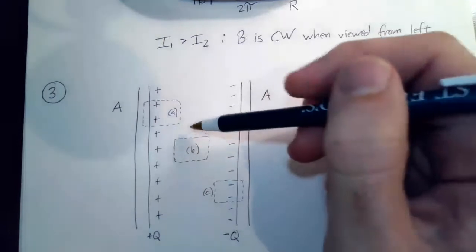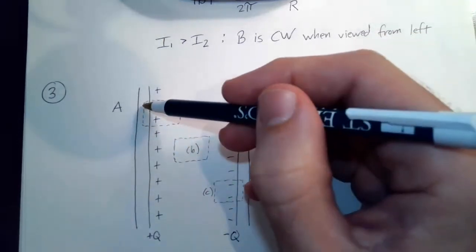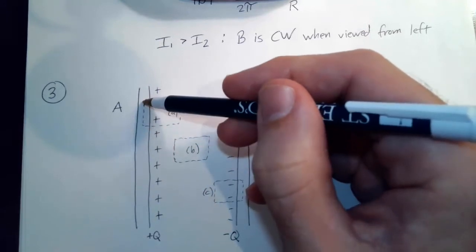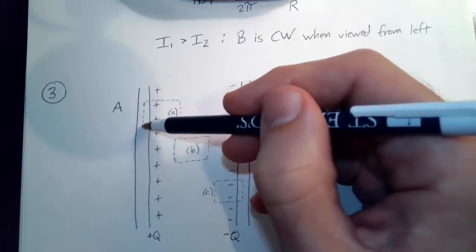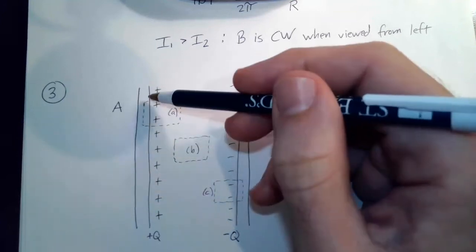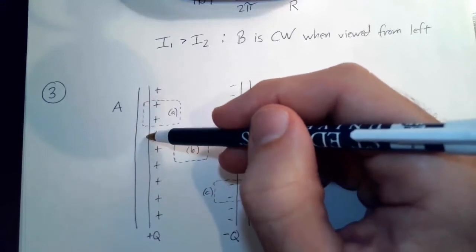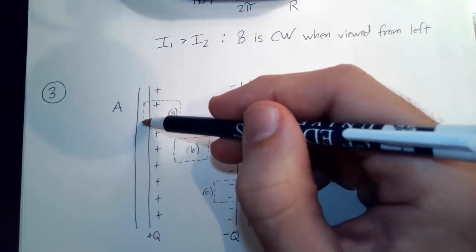So A will be the first one. Here we've got a box where one face of the box is, if you want to think of it this way, buried inside of this parallel plate capacitor. Or this plate anyway. And this plate is a conductor, okay? So there's a reason for putting it inside.